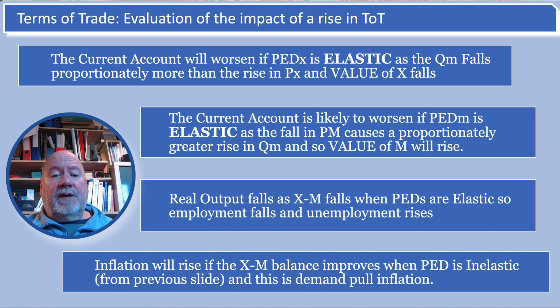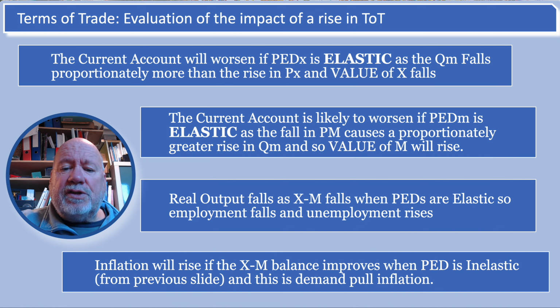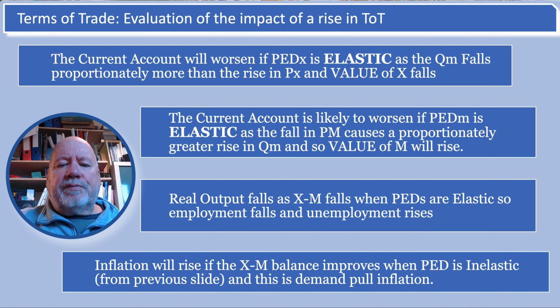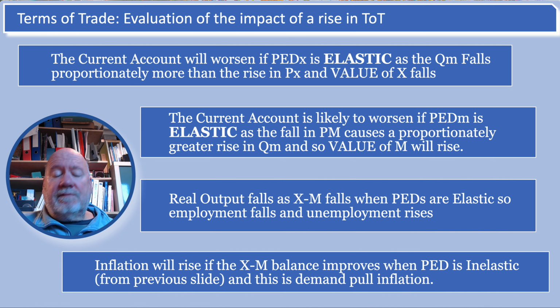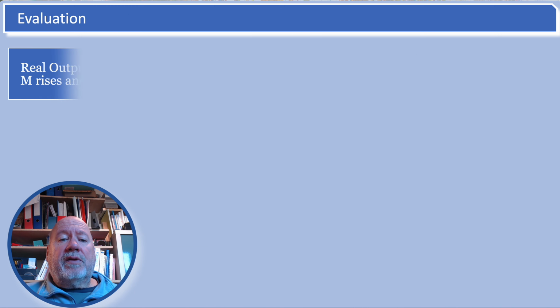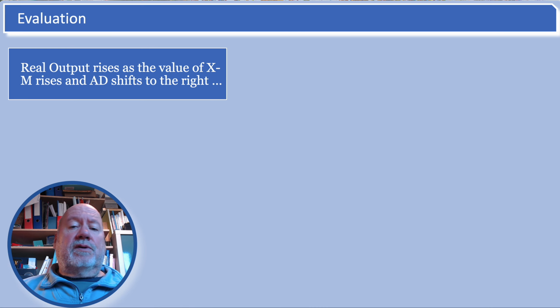And on the inflation one, inflation will rise if this X minus M improves, if it's inelastic, because you get some demand pull inflation. Okay, so those are the evaluation points that you can make, and there's just one more that you can think about, which if you want to extend your analysis, you can with this.